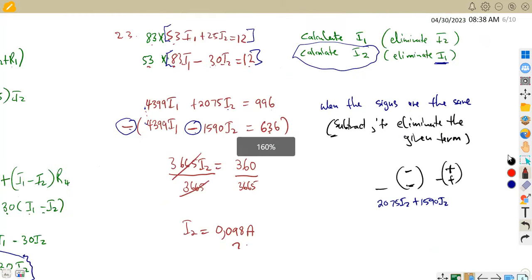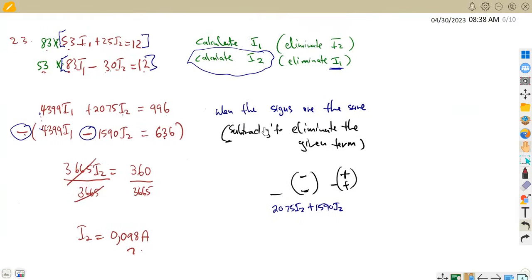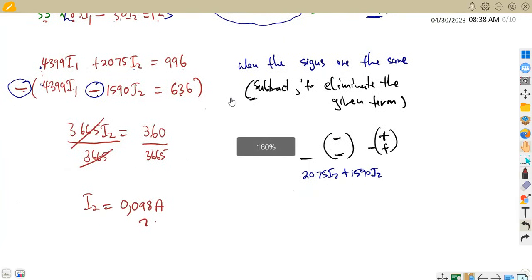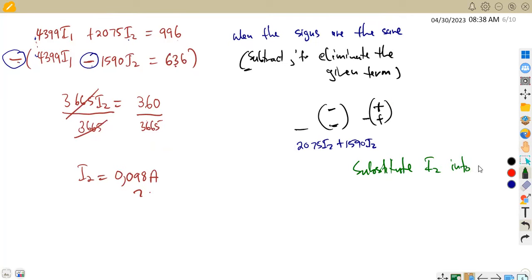So after obtaining the current I2, you can do the same thing to calculate I1, or you can just substitute. Since we have the value for I2 in this case, we can simply substitute it into any given equation that you have.